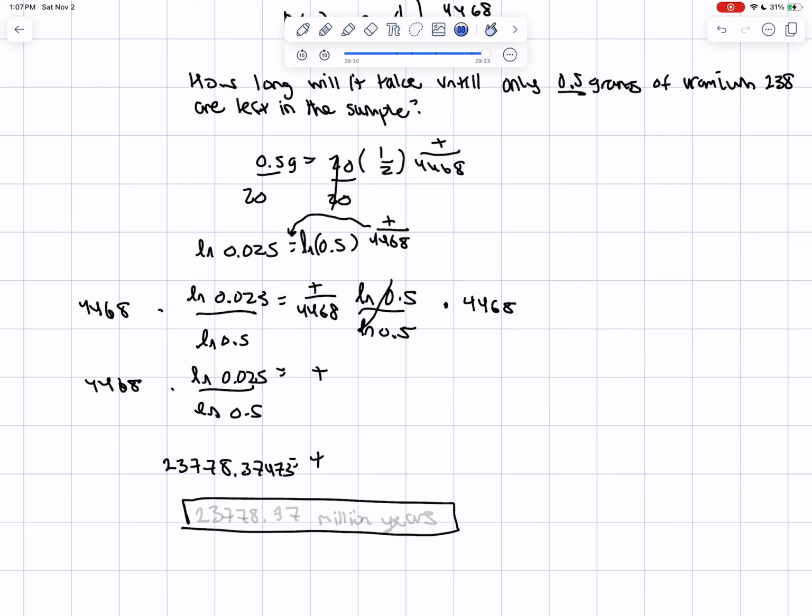So if it's in million years, that means it's going to be 2362.65 million years.